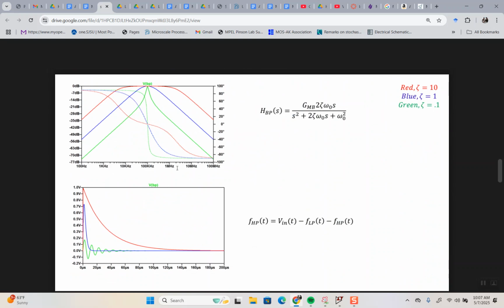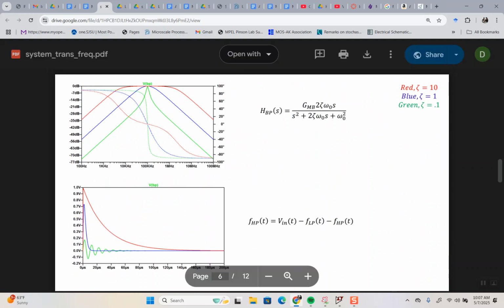Okay. Now, look at red. Does it not look like a high pass, right?